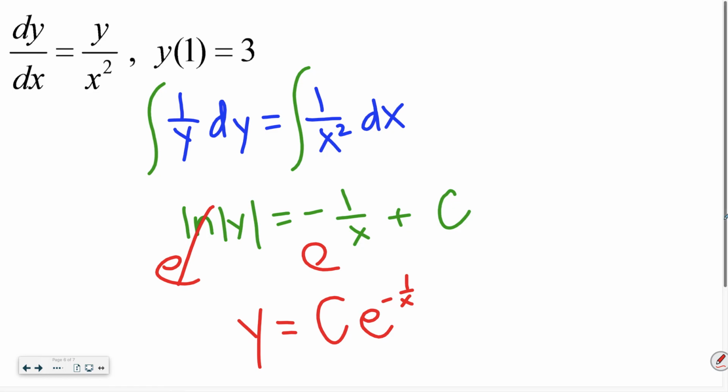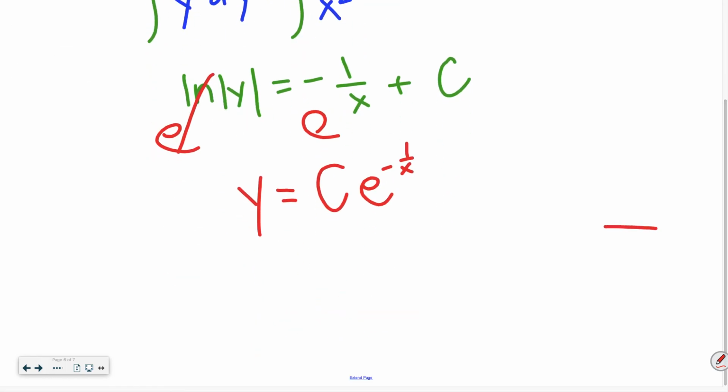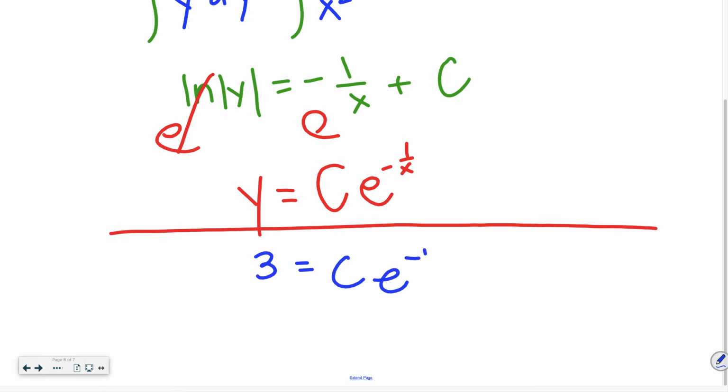Okay. So 1, 3 is our initial condition. So C would be 3 divided by e to the negative first, which really is the same as what?